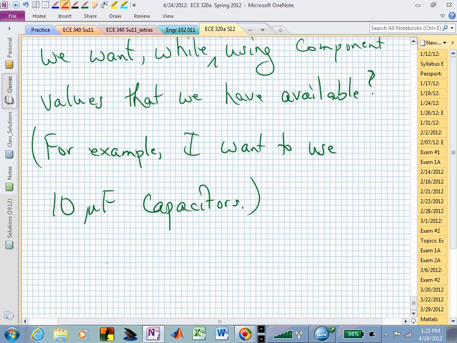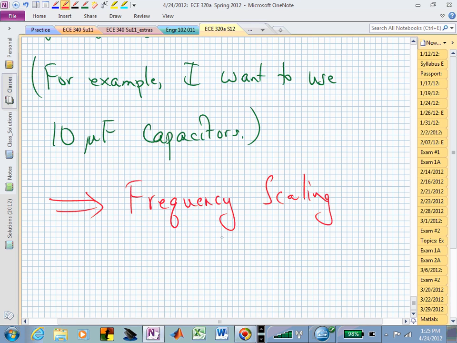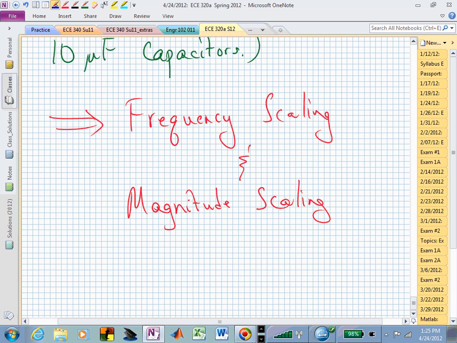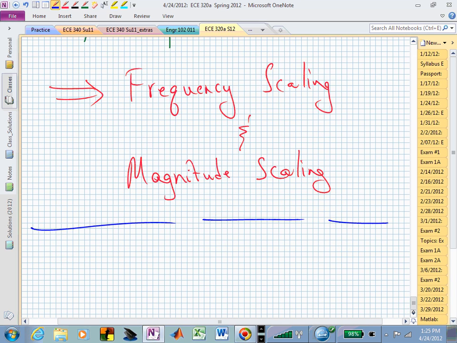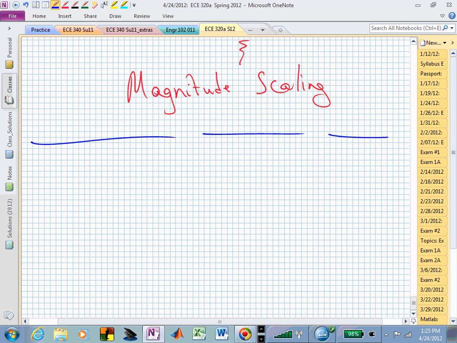Well, this is begging us to go into the next topic, which is concerned with frequency scaling and magnitude scaling. Let's now look at what that means. Suppose now that I wanted to scale the impedance magnitude.